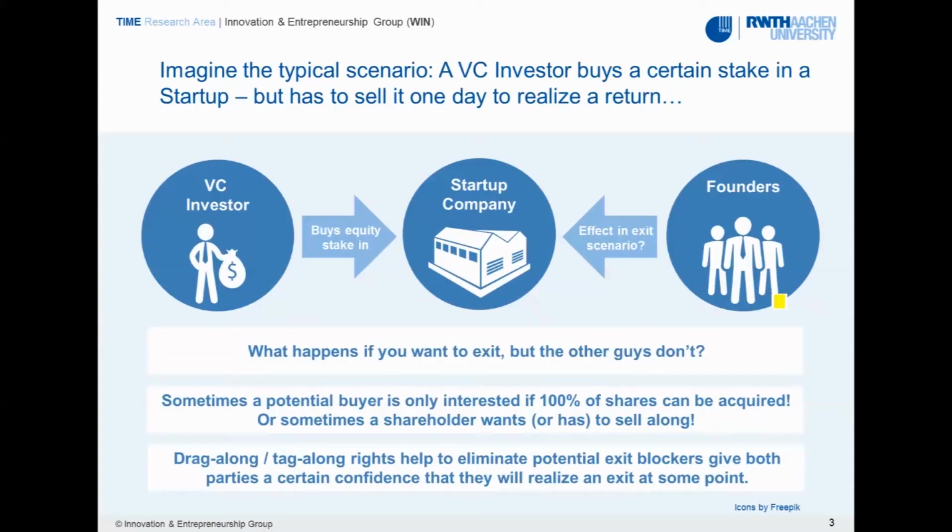Imagine a typical scenario. A VC investor buys a certain stake in a startup, but also has to realize a return one day. So the VC investor buys the equity, but what's the effect on his exit scenario? It depends on the founders.